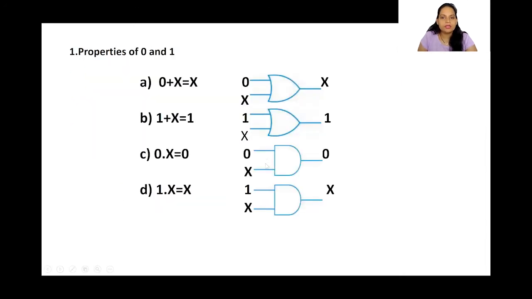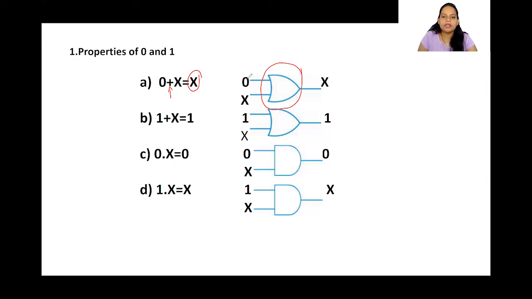The rules, or we can also say properties of 0 and 1. So what is that? Here, as you can see, the first rule says that whenever we add, or OR, 0 with any Boolean variable, we will always get the same variable. Here you can see the symbol of the OR operator.